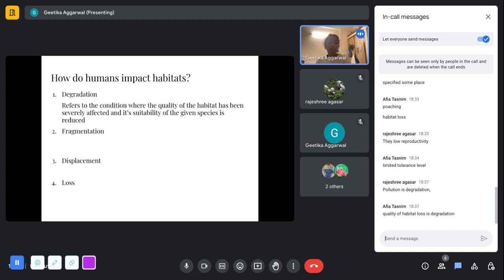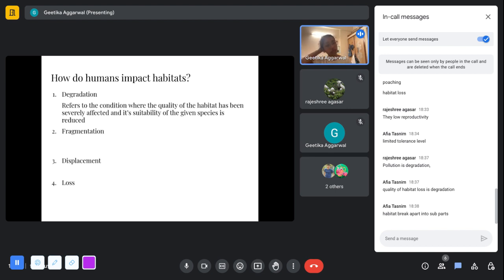So what is fragmentation? So this should be very simple. What is habitat fragmentation, or how do you define habitat fragmentation? The habitat is broken into subparts.